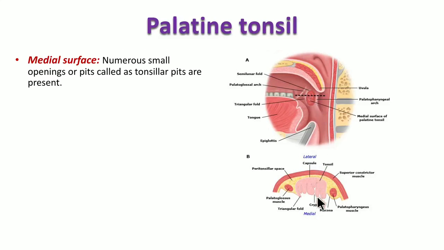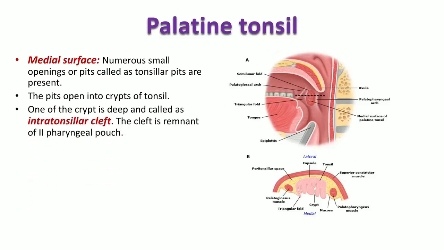Apart from that, you see numerous small 10 to 12 openings, which are called the tonsillar pits. These pits open into the grooves which are called the tonsillar crypts. Each crypt is lined by a mucous membrane, and deep to the mucous membrane you will see lymphatic follicles.